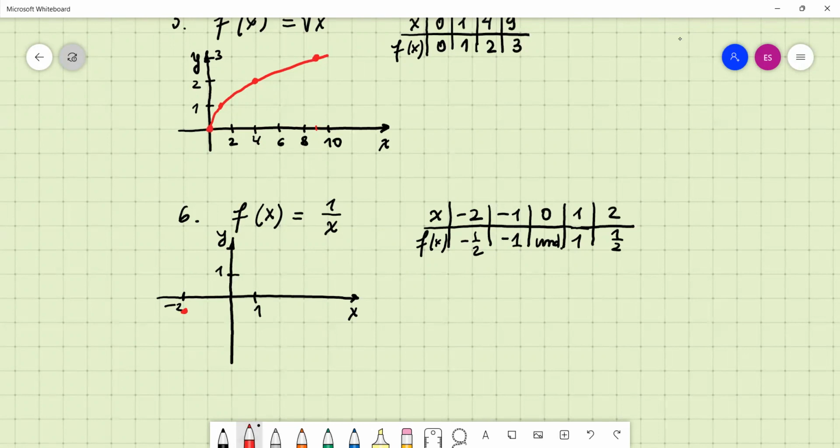Then we are going to have -1, and that's going to be -1 over here. Next, we are going to move over here, and we are going to find that 1 is 1 at 1, 1, right? And 2 is 1/2. 2, which is over here, is 1/2.